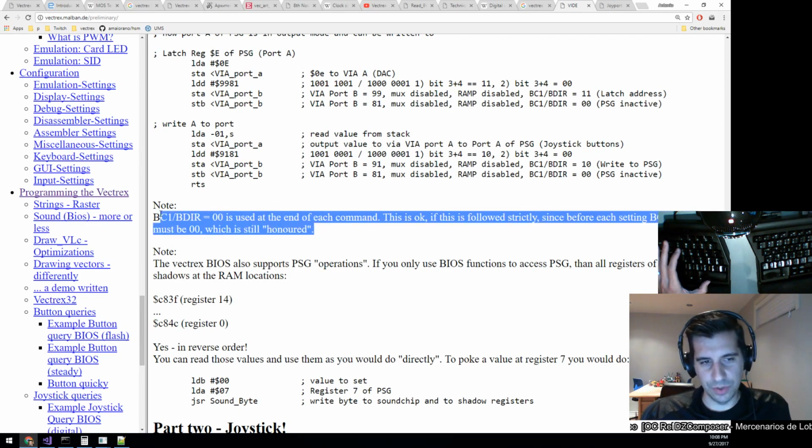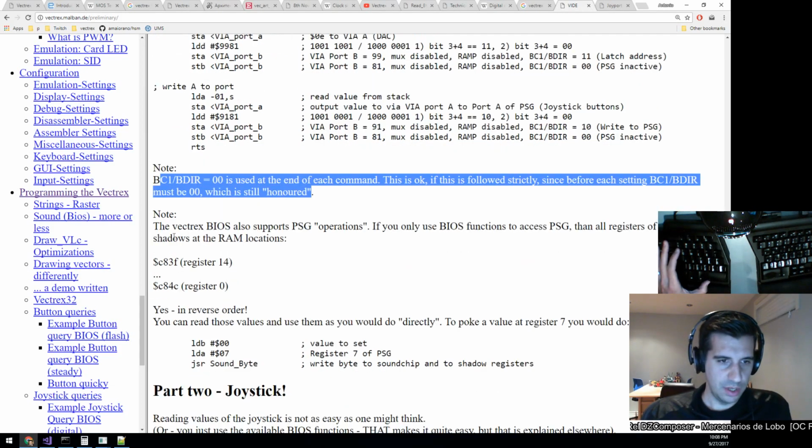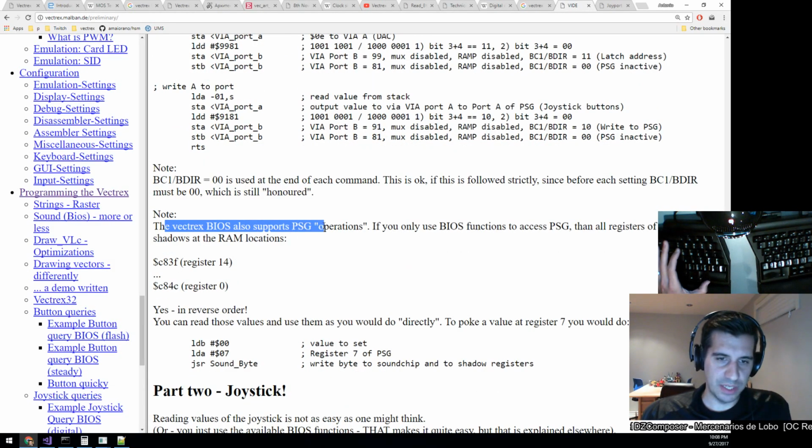Okay, so that answers the question I was asking before, which is why did he flip it from what he wrote? He's saying as long as you're consistent and you make sure to leave it in 0, 0, then this will work. Note, the Vectrex BIOS also supports PSG operations. If you only use BIOS functions to access PSG, then all registers of the PSG are shadows at RAM locations.